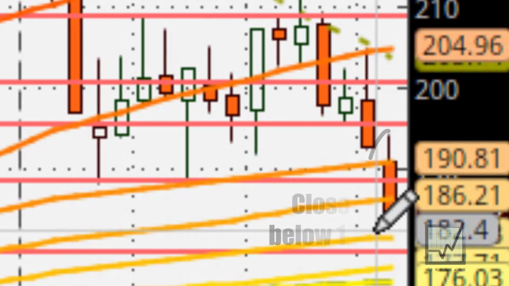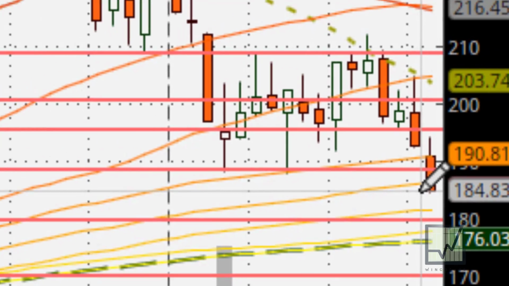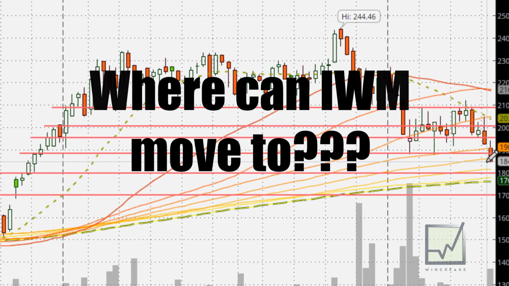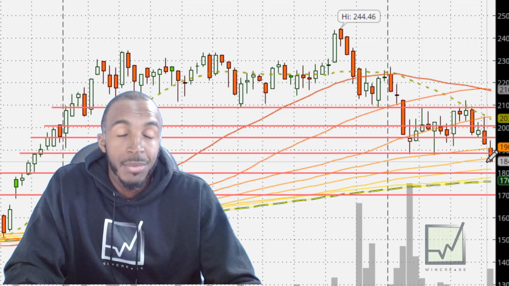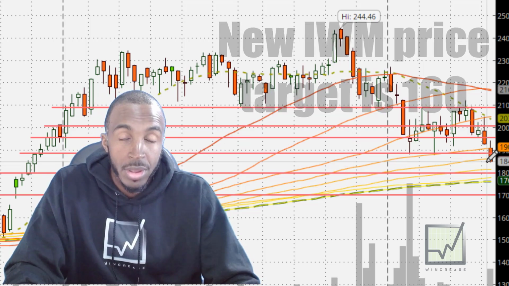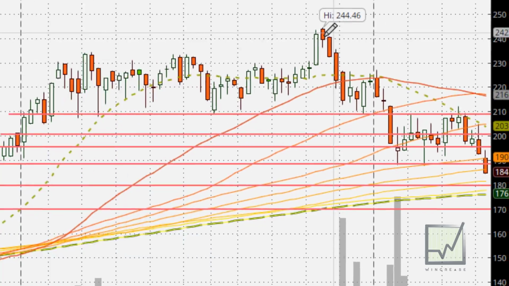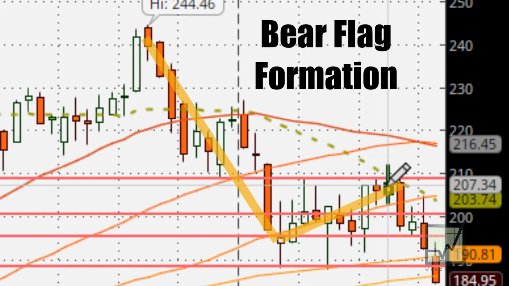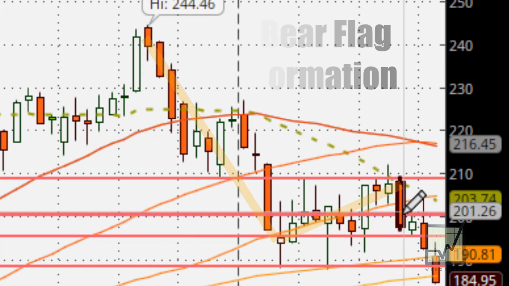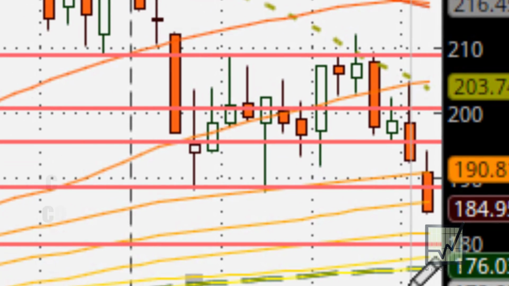So technically speaking, we are likely going to continue to move lower, and IWM can likely get ugly. I can put a price target on it right now around the 160 area. I think IWM is going to continue to travel lower and ultimately get to that 160 area. We also hinted at the pattern that we saw, and that is why I put that target there. We will see 160 at some point in time for IWM.